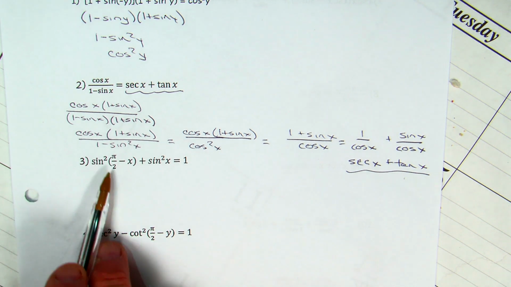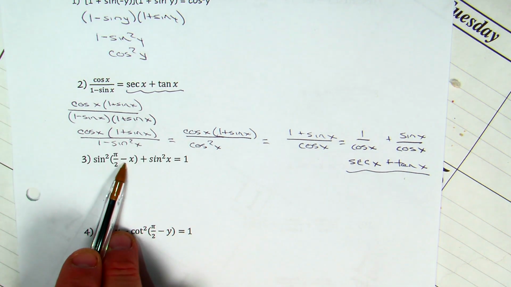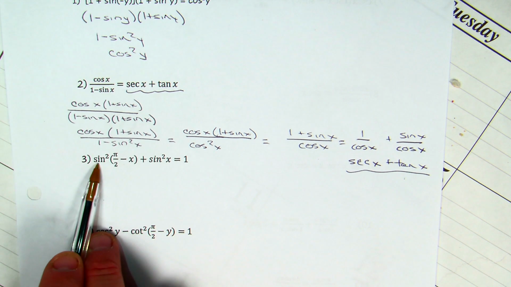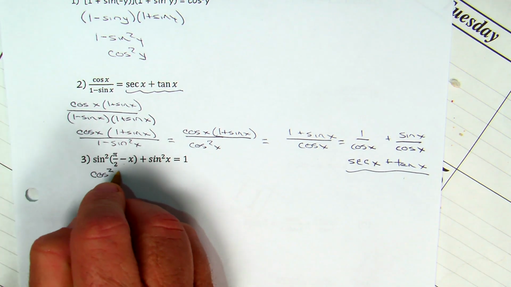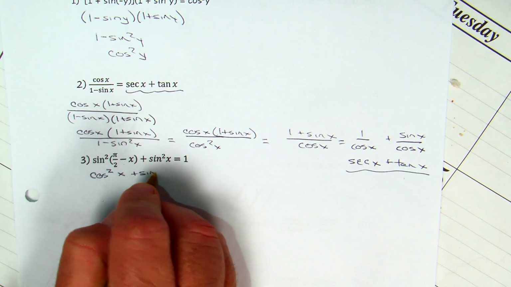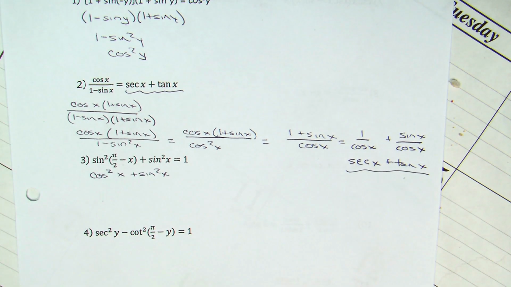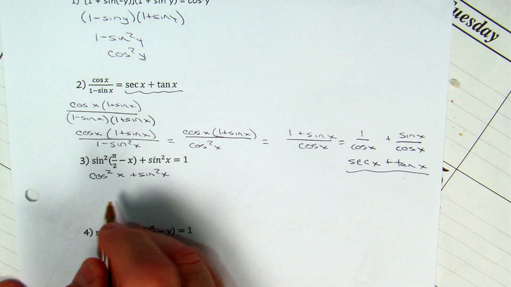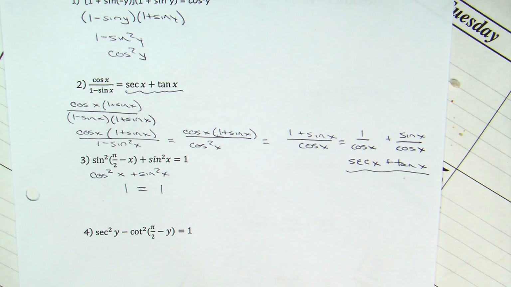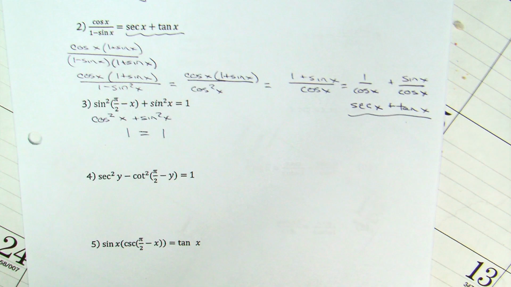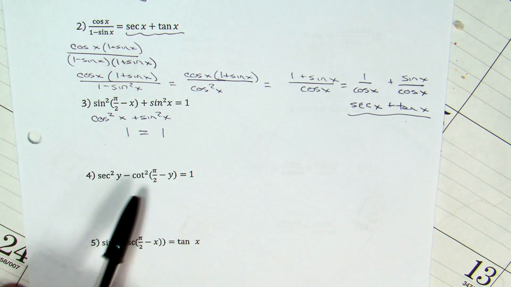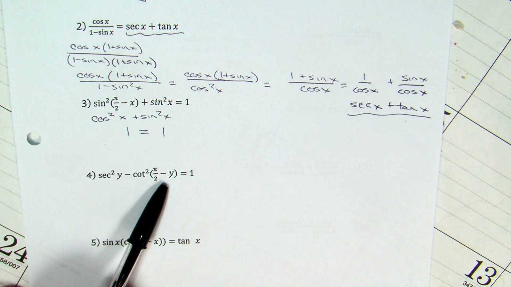For number 3, now I have the pi over 2 minus x, which is cofunctions. Sine does not have the co, so I'm going to add it. So sine squared becomes cosine squared. Addition's commutative, so that's just 1, and 1 is equal to 1. Underneath, now I have the co with the pi over 2, so I'm going to drop it.